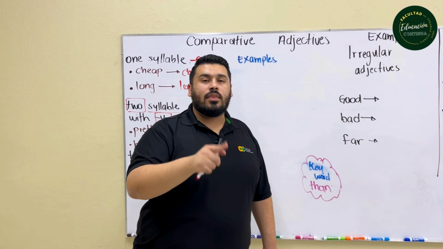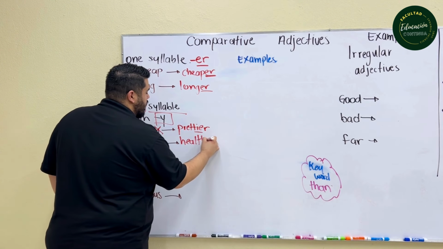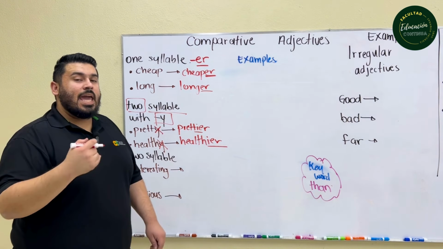Pretty, prettier. Next one. Healthy. Two syllables. It's the same situation. Erase Y, write healthier. Healthier.